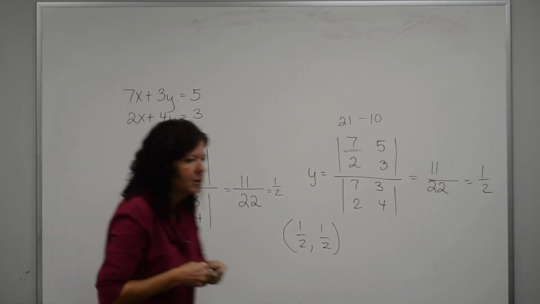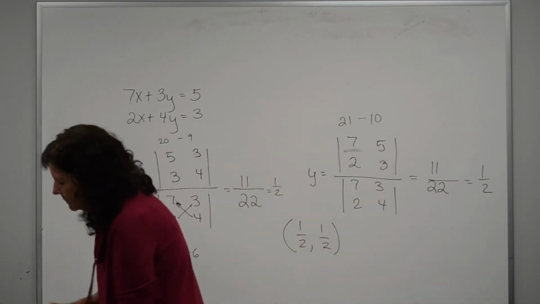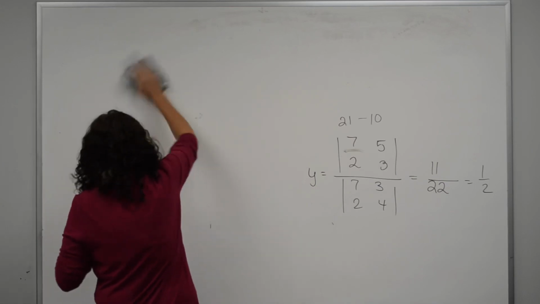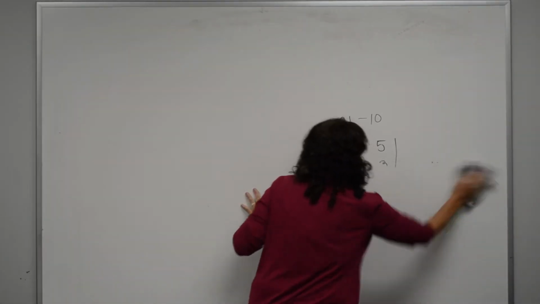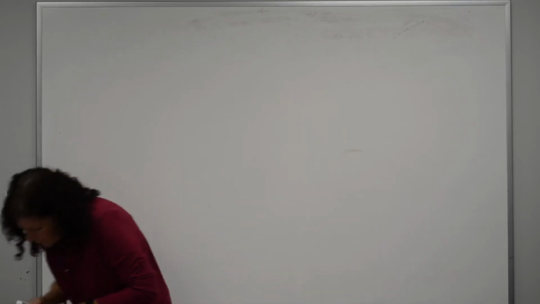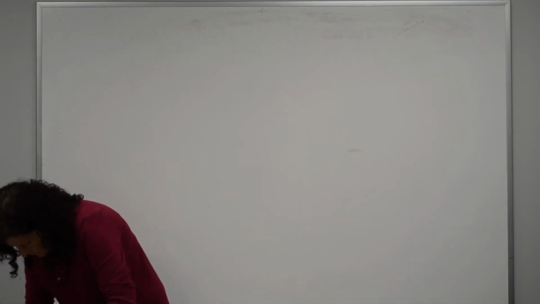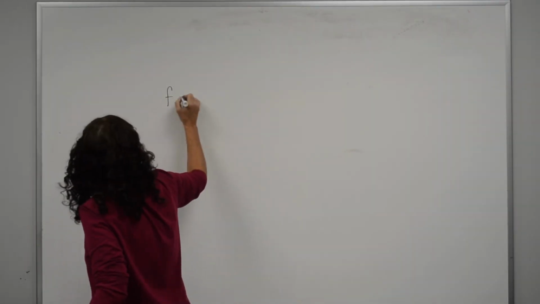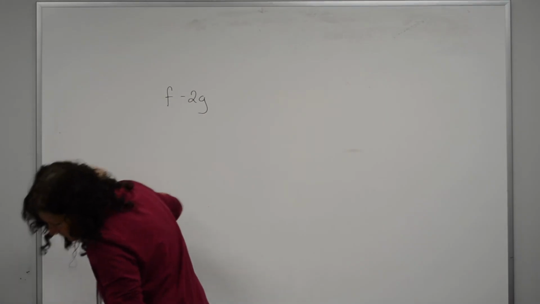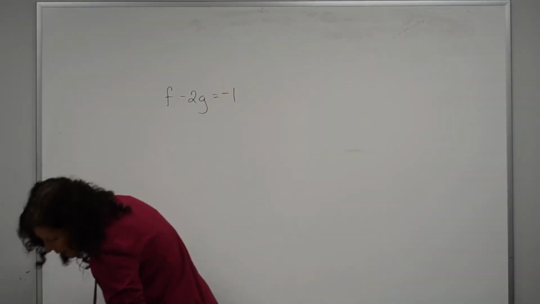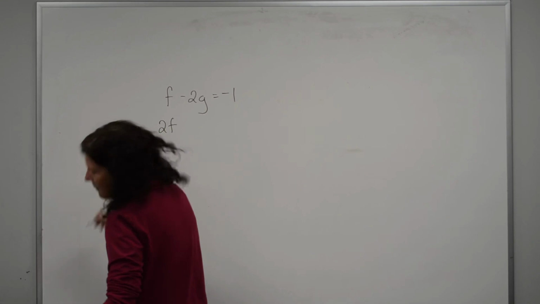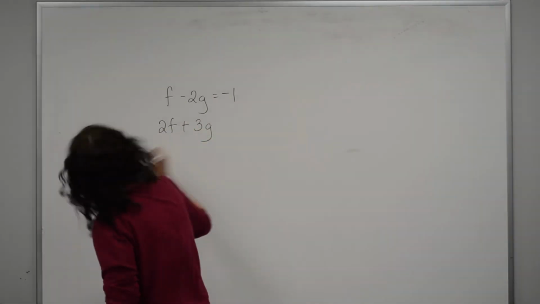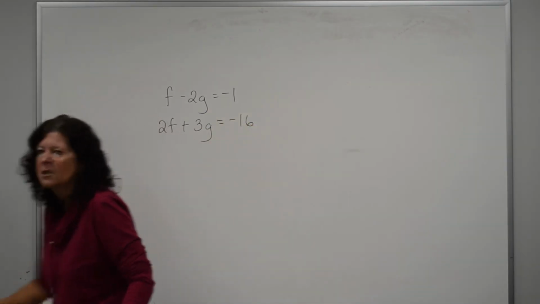All right, now how about you guys do one. I don't know why sometimes they do the variables different than x and y, but it really doesn't matter. All right, solve this using Cramer's rule.